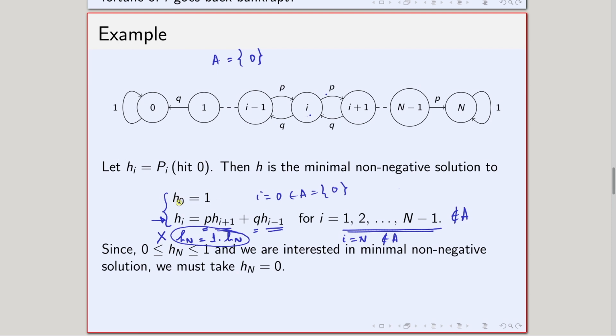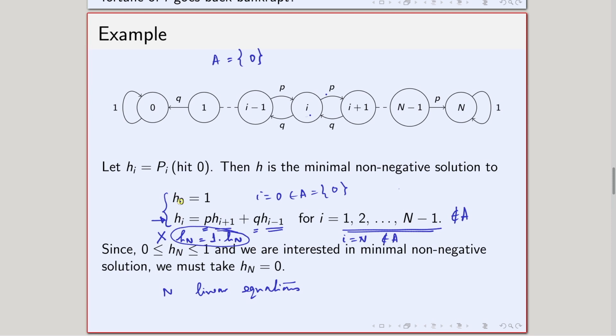Here I have 1, which gives h0 equals 1, and here I have n minus 1. So I finally have n linear equations, because this last one is not an equation as such, it is only saying hn equals hn. So this is not giving me any constraint.